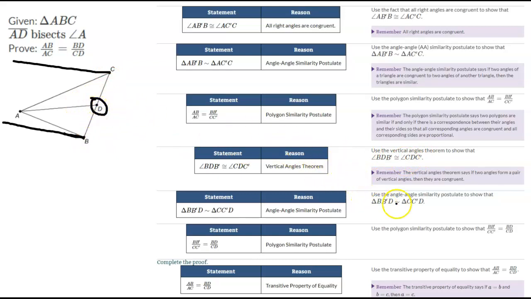All right, so now we can keep moving through here and we can see that BB prime divided by CC prime is equal to BD divided by CD. We can use the transitive property to show equality.